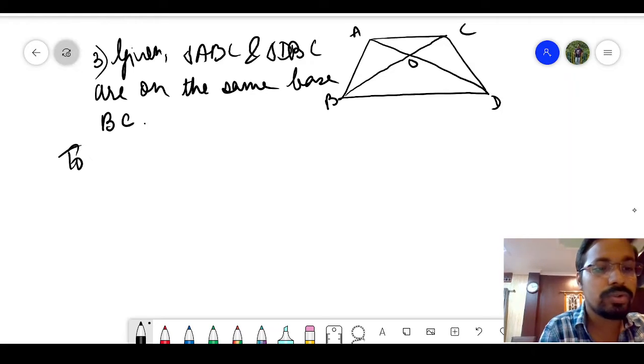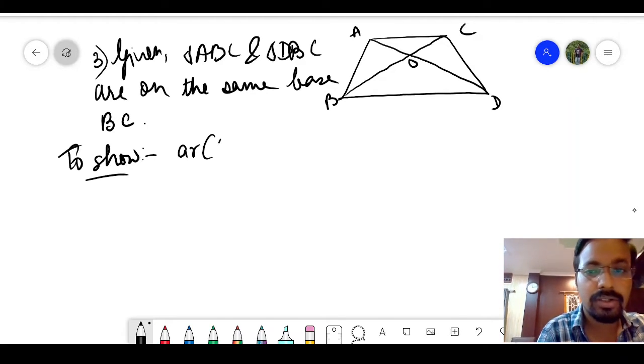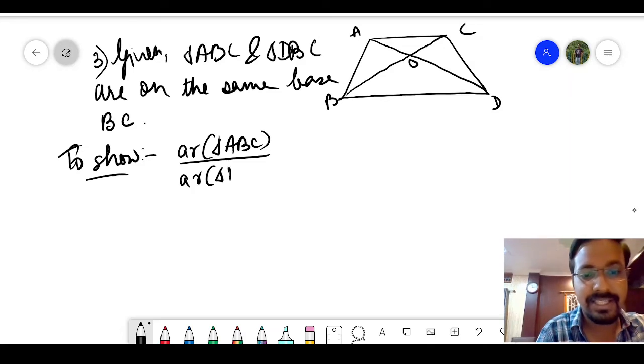We have to show that area of triangle ABC by area of triangle DBC is equal to AO by DO.